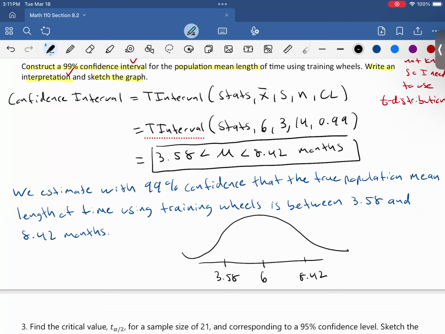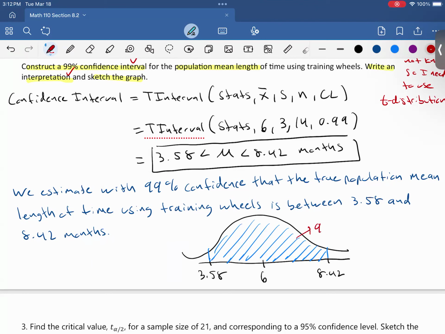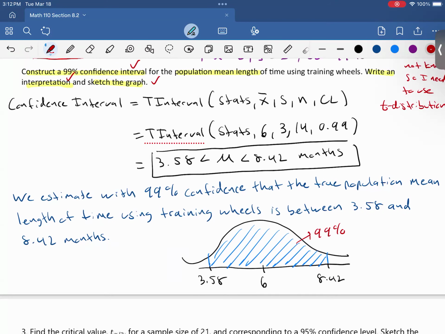Let me space these out a little bit more. The reason I'm spacing them out is because that's a 99% confidence, so that's pretty much almost our entire distribution. So within here is 99%. Okay, and that's our distribution.